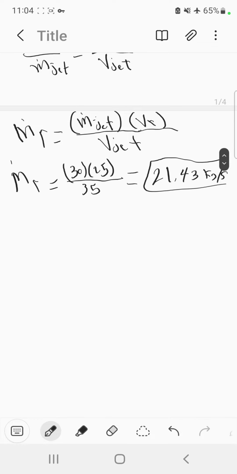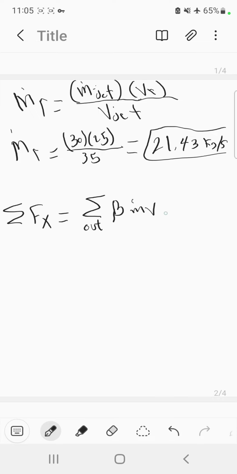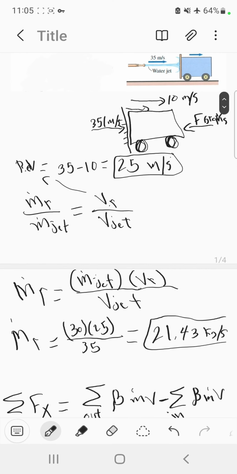So after we found our mass flow rate, now let's see our second equation, which is very important: the summation of all forces on the x-axis equals the summation of beta times mass flow rate times V at the outlet, minus the summation of beta times mass flow rate times V at the inlet. Now for all the forces on the x-axis, we have F brake. F brake is on the left, so it's going to be minus.